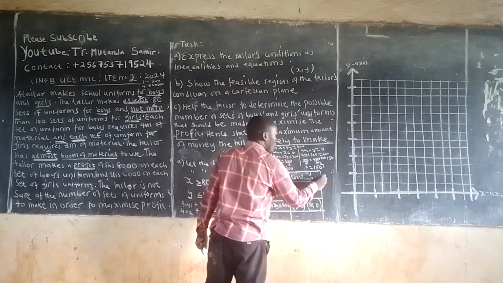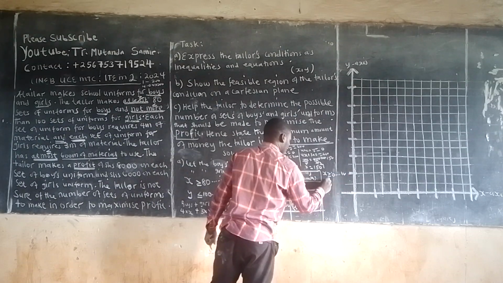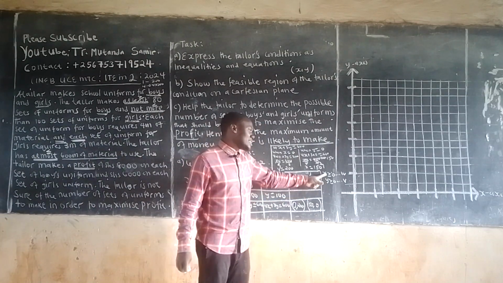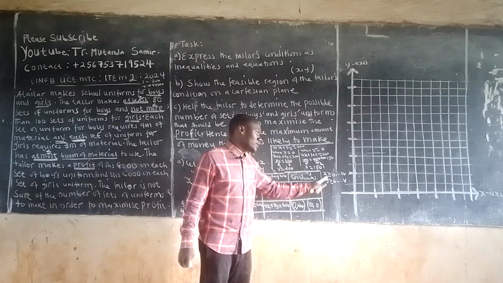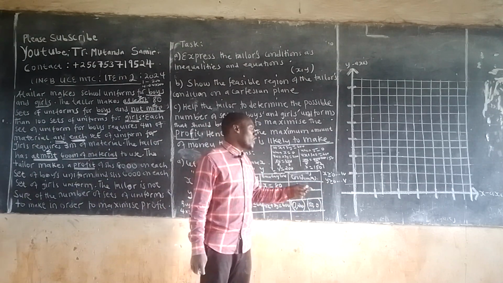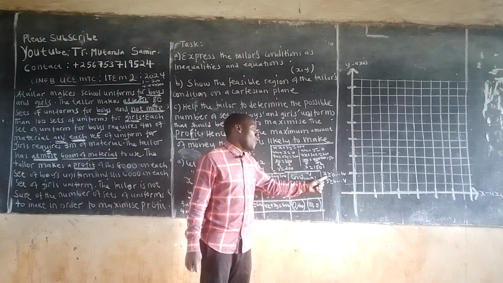Now, equation 4, x greater than or equal to 0. And y greater than or equal to 0 is equation 5. Please, in any linear programming you do, these must always be there. They are there by default, whether you like it or not. And what it means is, if this tailor is making uniforms, it is very hard to find that the tailor can make a negative number. You can find that the tailor has not made anything, or something greater than that.